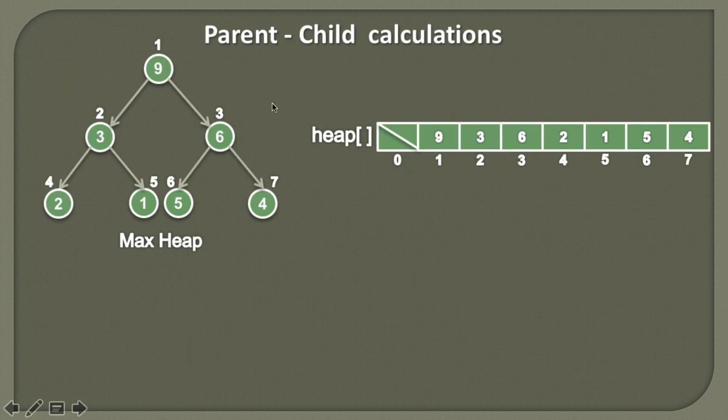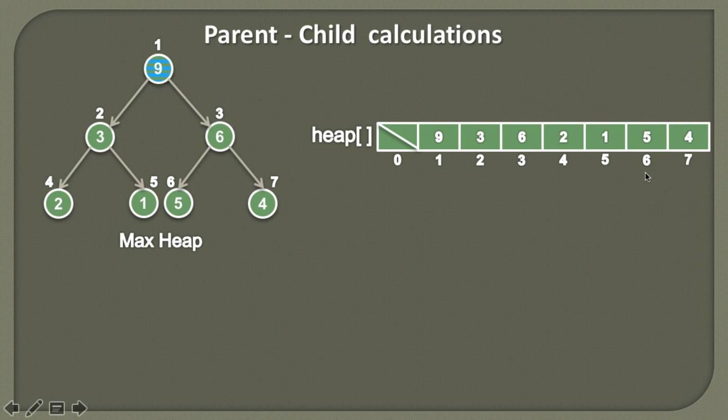Also friends, in our previous slide we discussed how we can represent a binary heap in the form of an array. Here you can see this max heap represented in the form of an array. Whenever you perform any calculation over this array, we are provided a particular index and we need to calculate its parent or its child using some formula.